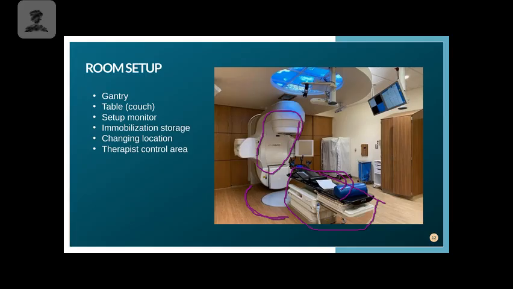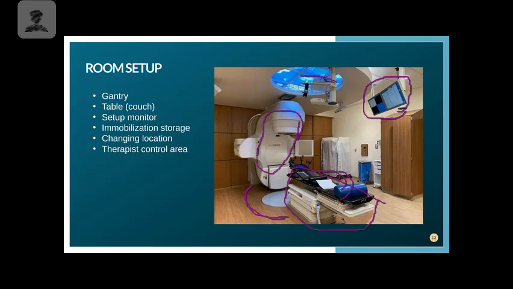We're going to have a setup monitor that's usually hanging from the ceiling. And so when you pull up your patient on your console back in your control space, up here it's going to show you exactly where the table's at and then where it should be when you're lining up. So you're going to try and get up there as close as you can, and then you'll make your fine shifts based on where your marks are on the patient's body, and then also motion management.